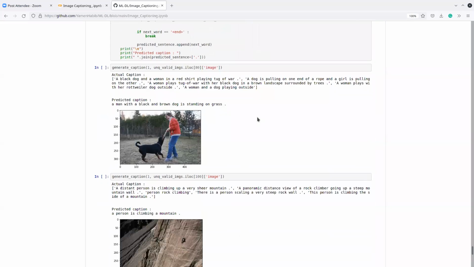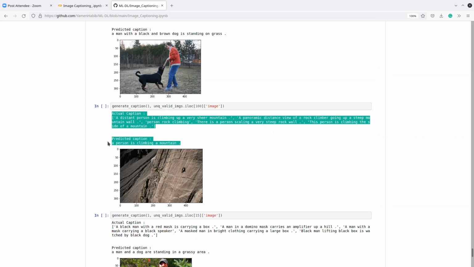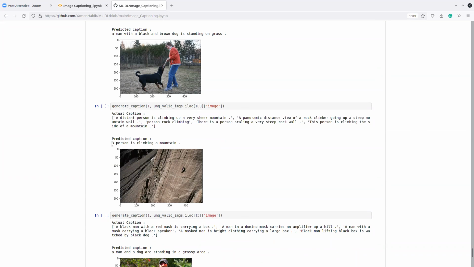Yeah, I get the idea. I really didn't look into this idea, but I have a general imagination of how we can do it. When I generated this caption, each time I took the word with the highest probability.